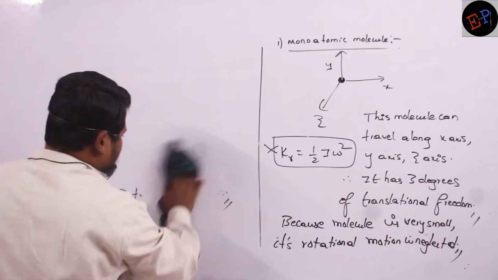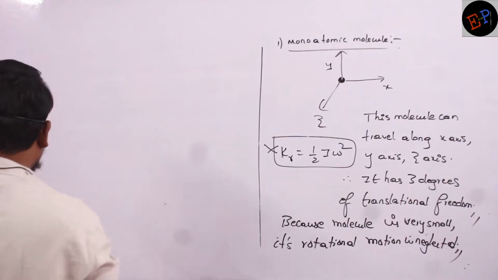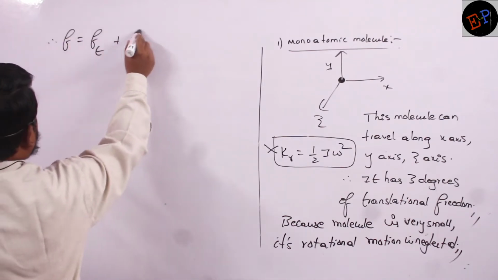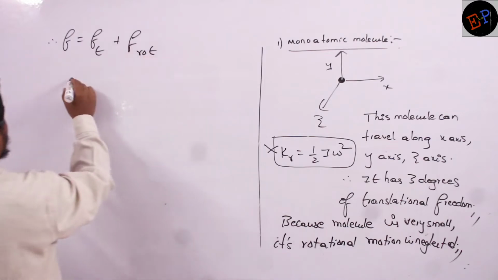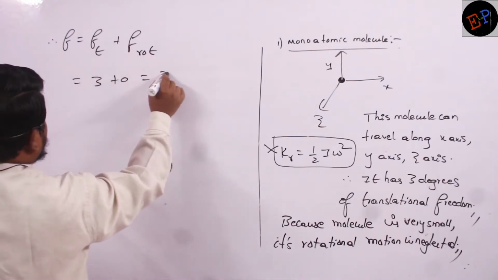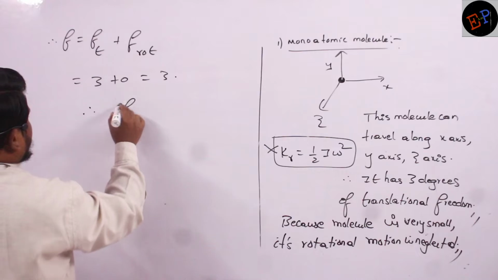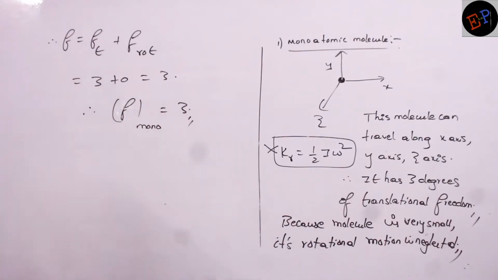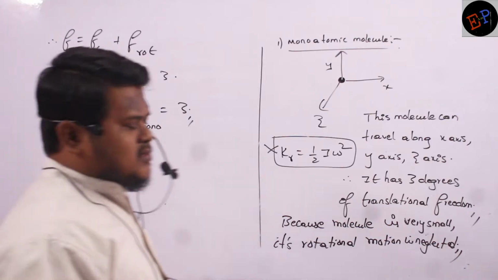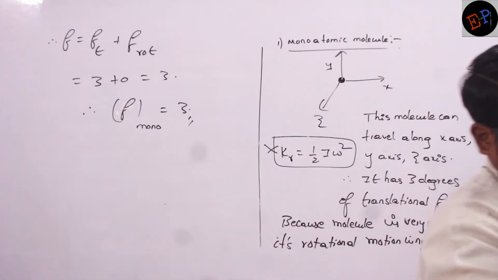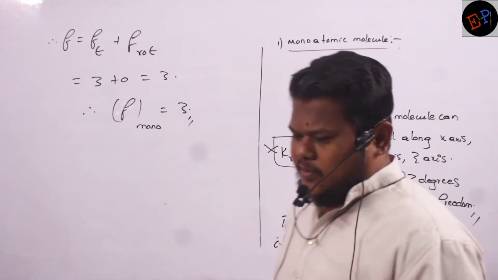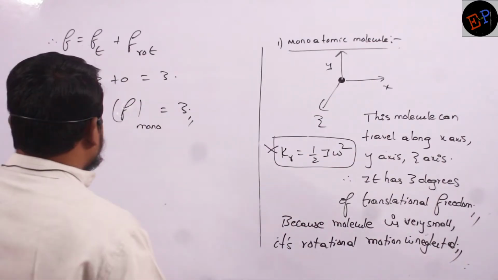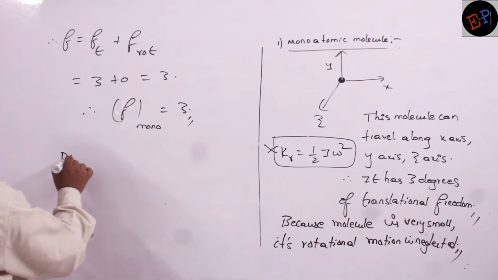Only translational freedom. Understood, Nama? Therefore, total degrees of freedom is degrees of freedom due to translation plus degrees of freedom due to rotation. So it is 3 plus 0, so totally 3. So the degrees of freedom of a monoatomic molecule is equal to 3. So we consider only degrees of freedom in translational motion. In rotational motion, the degrees of freedom are neglected. Understood, Nama? Now if I take a diatomic molecule.